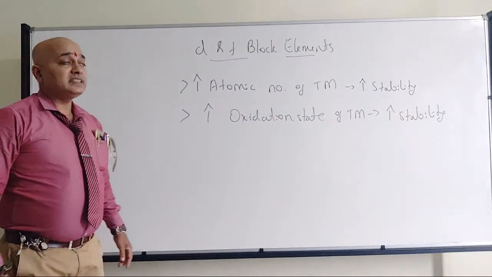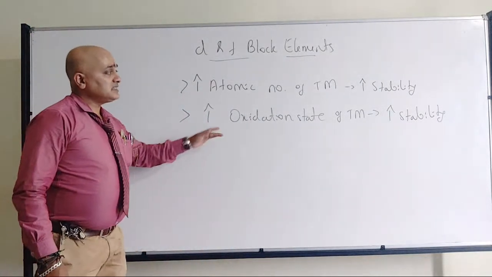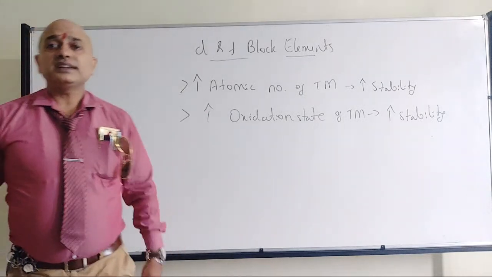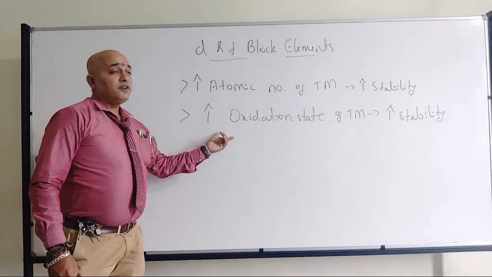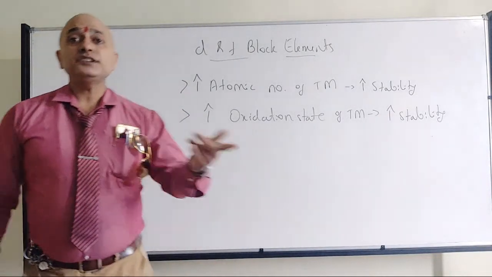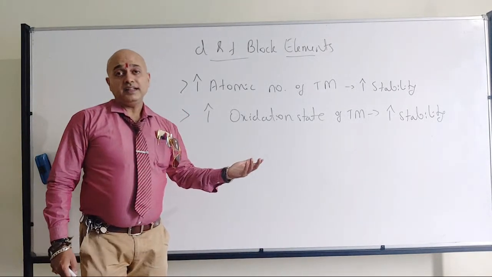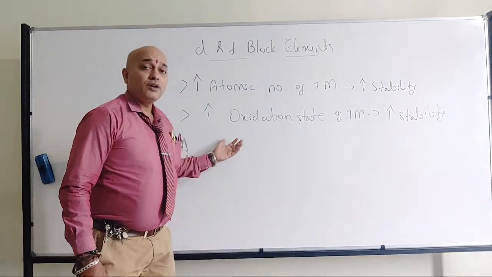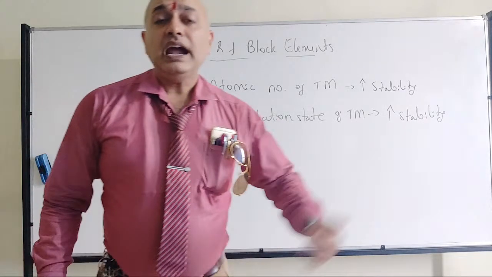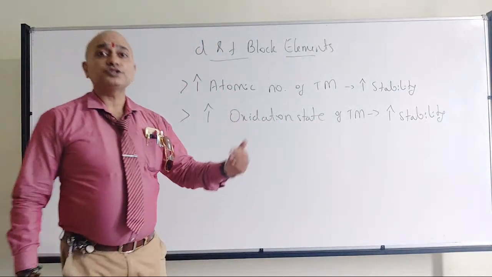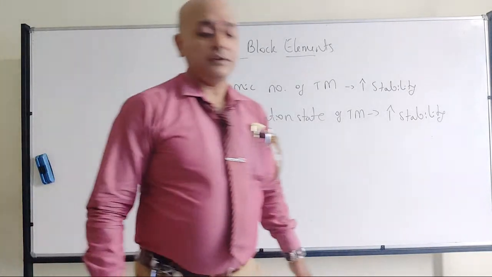As the atomic number increases, the stability increases; as the oxidation state increases, the stability increases. So between potassium ferrocyanide and potassium ferricyanide, potassium ferricyanide has to be a bit more stable compared to ferrocyanide. Why? In the ferricyanide ion the iron is +3 and in the ferrocyanide ion it is +2. So that's where this statement is applicable.